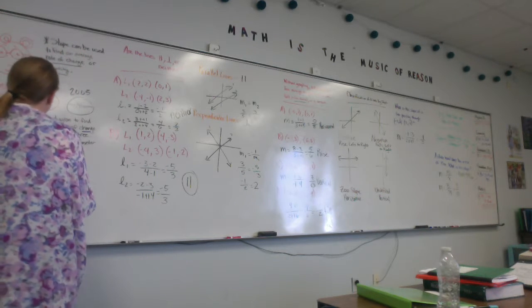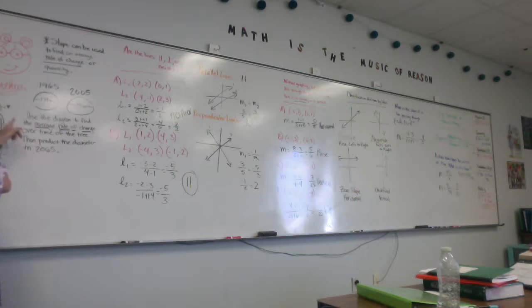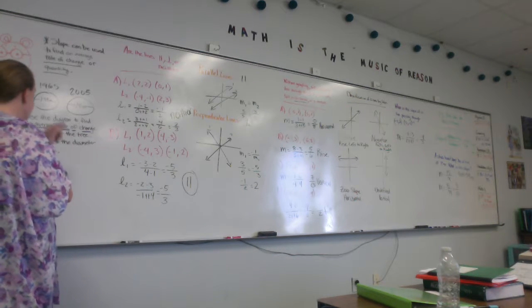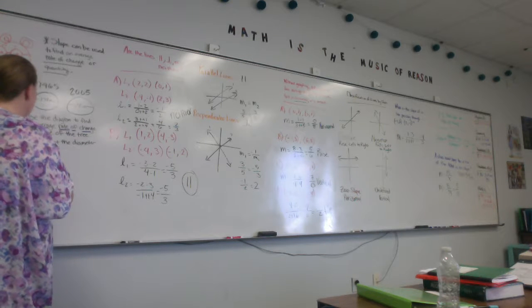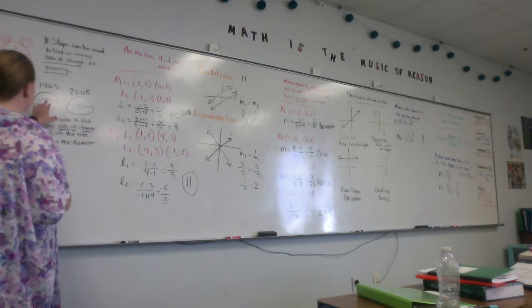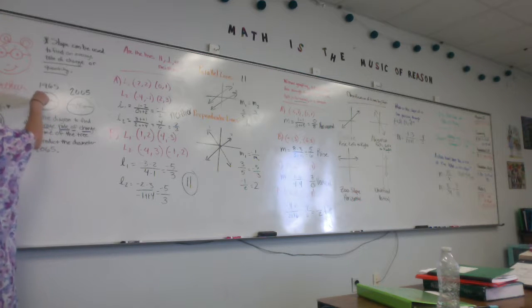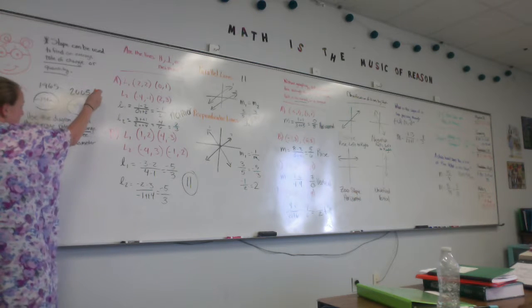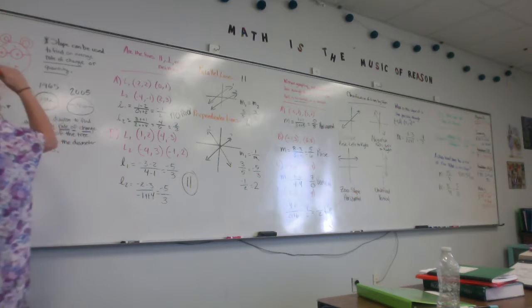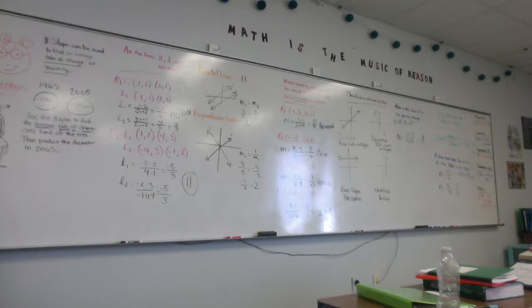Okay, so it says use this diagram to find the average rate of change over time of the tree. Then predict the diameter in 2065. So this tree back in 1965 had a diameter of 137 inches. Now the tree in 2005, when they remeasured it, had a diameter of 141 inches.